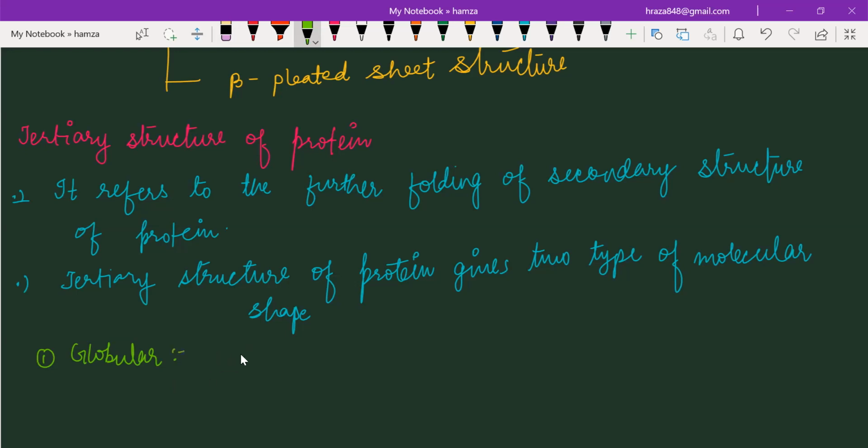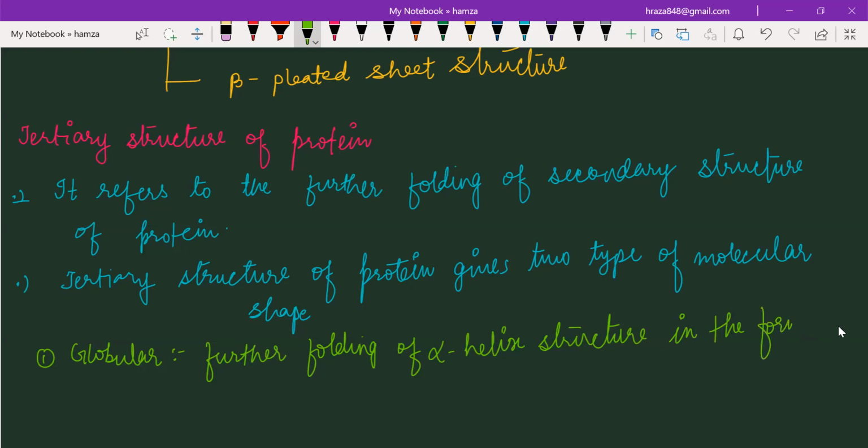Globular, what is it? Further folding of alpha helix structure in the form of a sphere. Then globular protein forms.